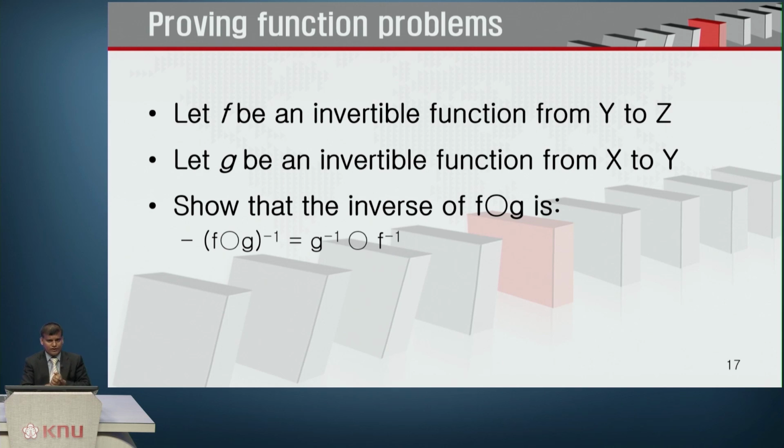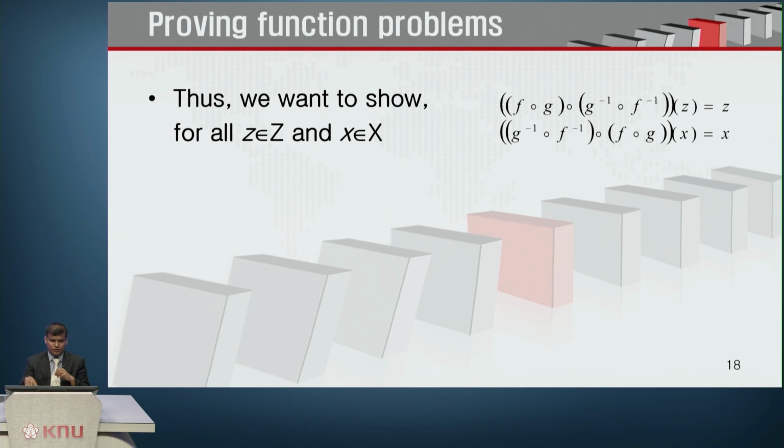Again, proving function problems: let f be an invertible function from Y to Z and g an invertible function from X to Y, show that the inverse of f composition g equals g inverse composition f inverse. It's an interesting proof that we are asked to show.